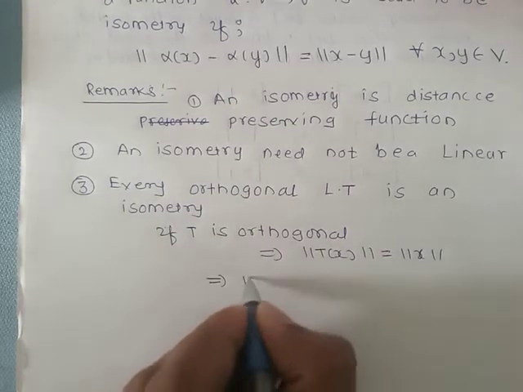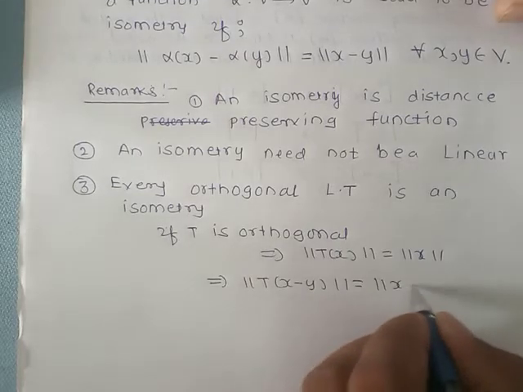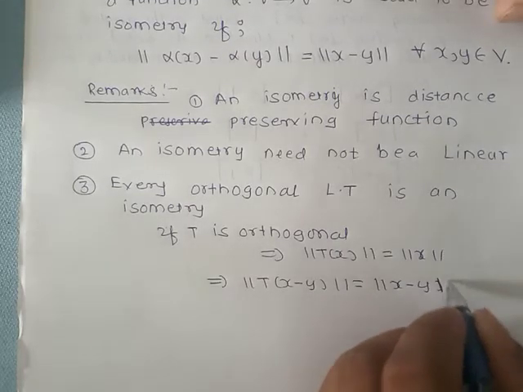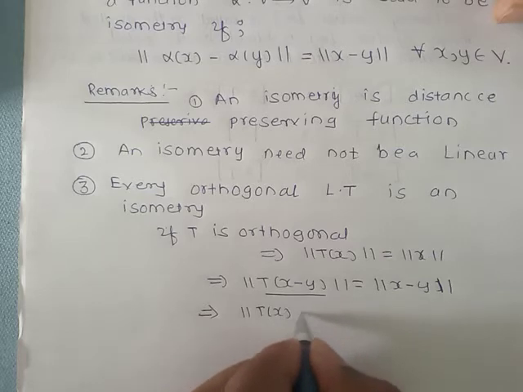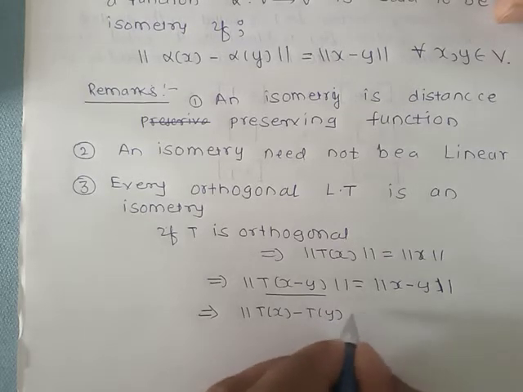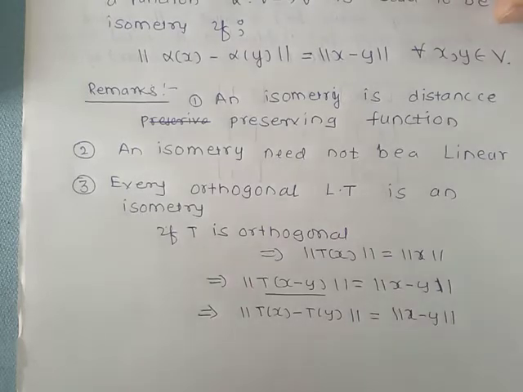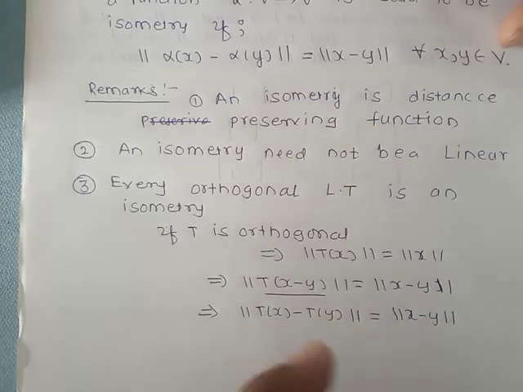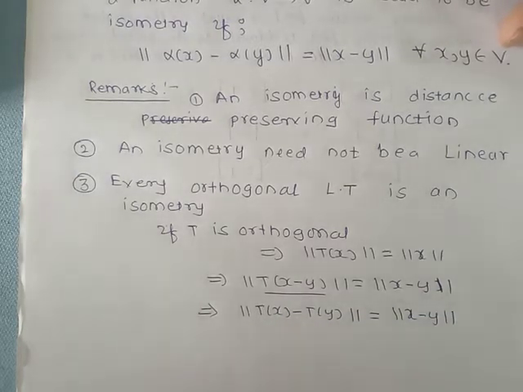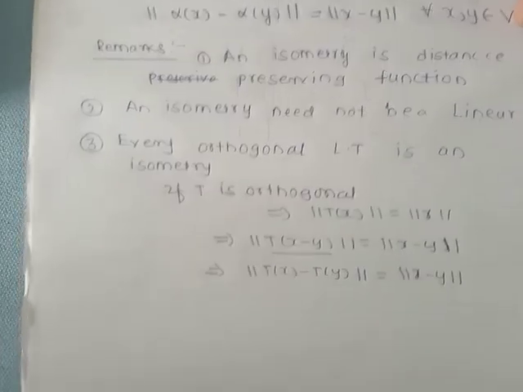This implies norm of T of x minus y is equal to norm of x minus y, and as T is a linear transformation, instead of this we can use norm of Tx minus Ty is equal to norm of x minus y, and this is nothing but the definition of isometry. So whenever T is an orthogonal linear transformation, it satisfies isometry.